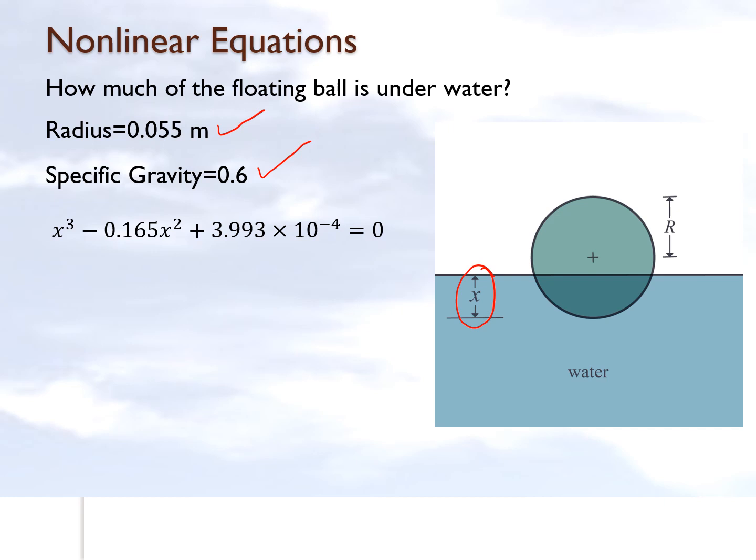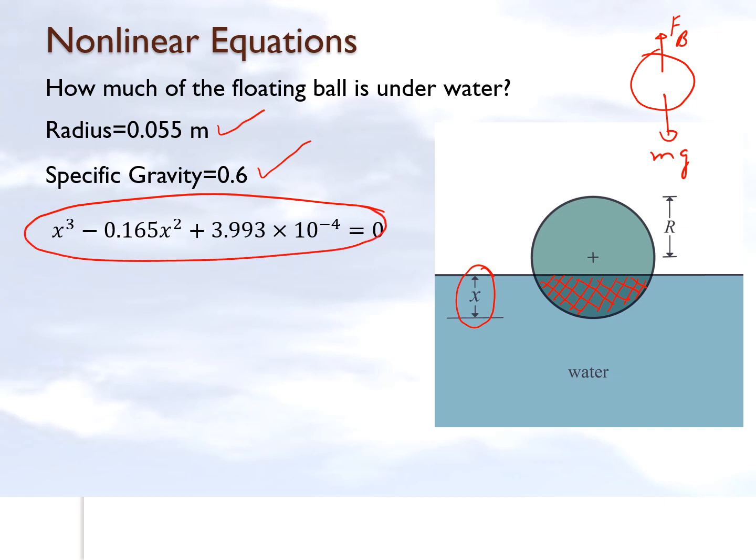The way you set up the problem, to keep it short, is that the weight of the ball is balanced by the buoyancy force. And the buoyancy force is given by the weight of the water displaced corresponding to this volume. When you apply the Archimedes principle, you get a cubic equation like this one, where x is in meters.